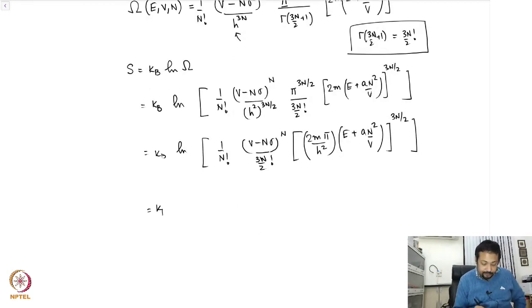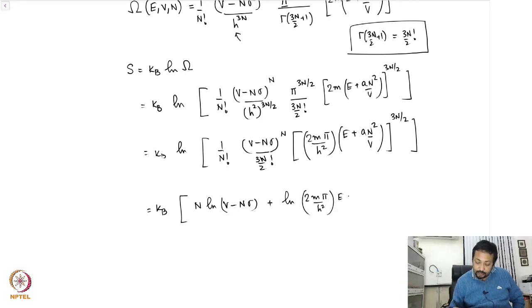Now let's take the log. So this gives me kB, n ln V minus n sigma, plus ln of twice m pi over h square times E plus a n square over V raised to the power 3n by 2 gives me 3n by 2, and then I have minus 3n by 2 ln of 3n by 2, I have plus 3n by 2, that comes from this.